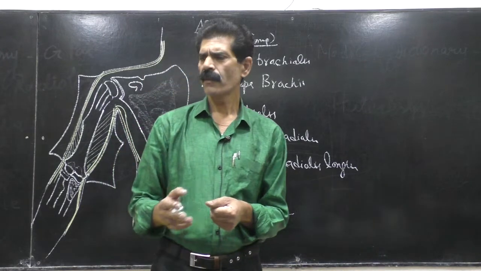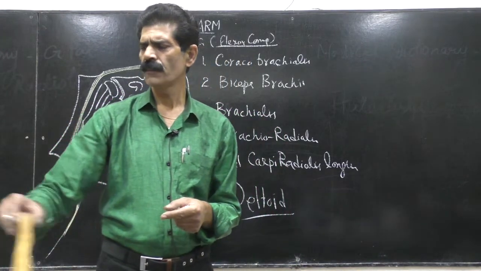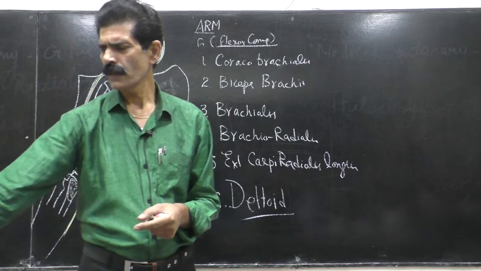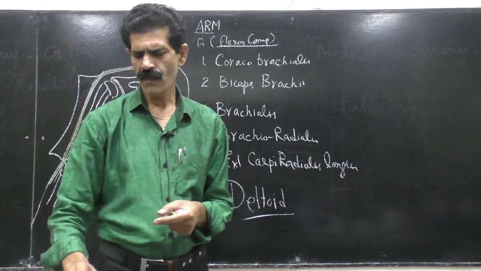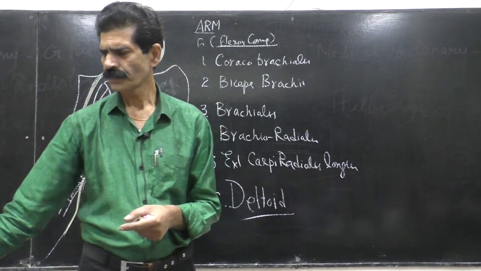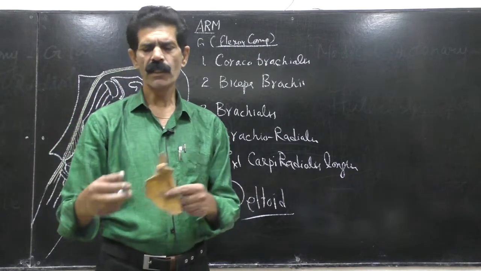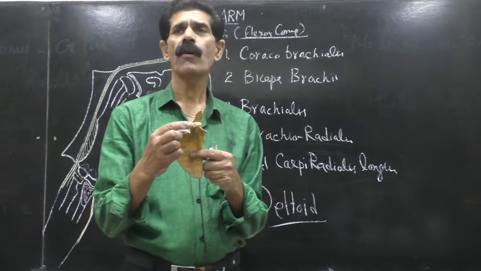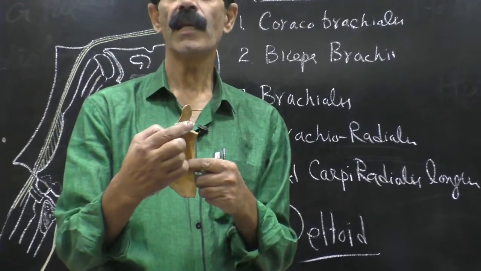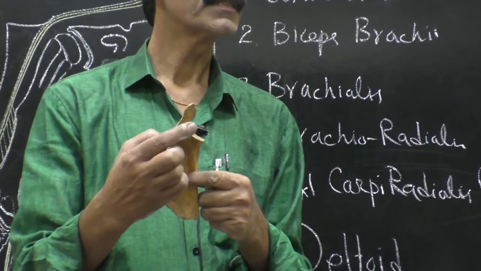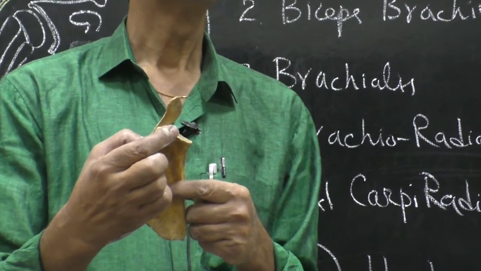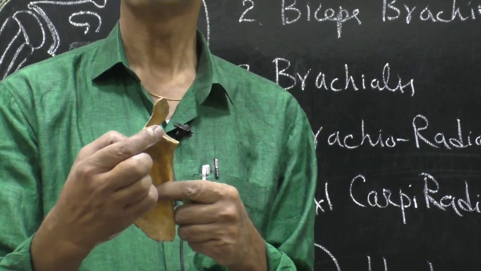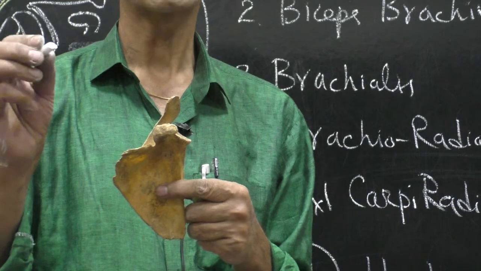That is what we have to remember: the origin of the muscle and then its insertion. The origin of this muscle is from the lateral aspect of the coracoid process. The medial aspect we have done. Which muscle is inserted there? Pectoralis minor.